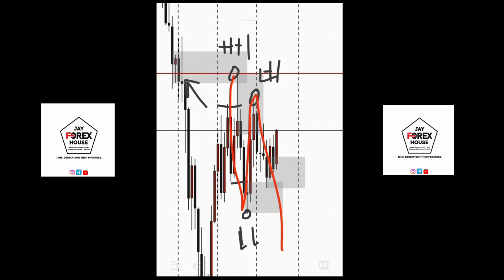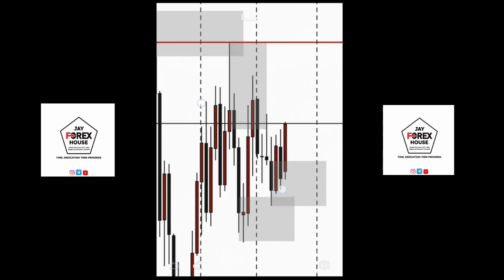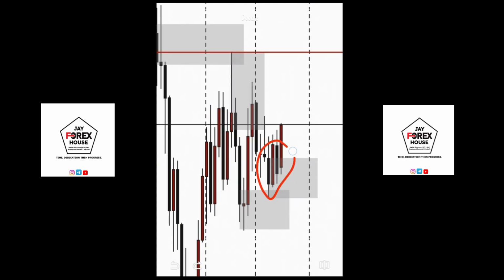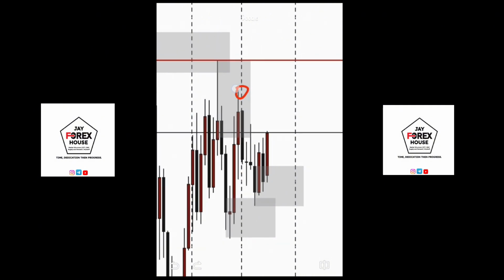But if a change of character is coming up, and price is now bullish and changing bias, there's every possibility that this demand zone, which is resting right there, is likely going to hold price to clear out this high.